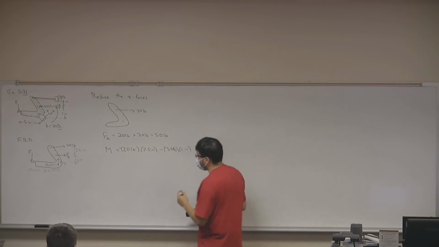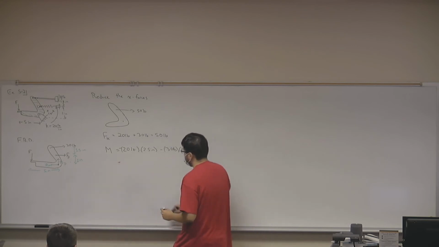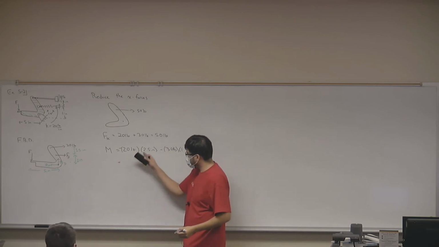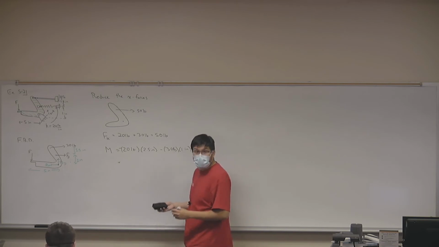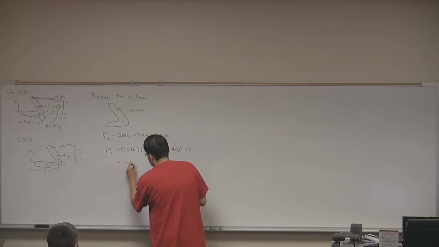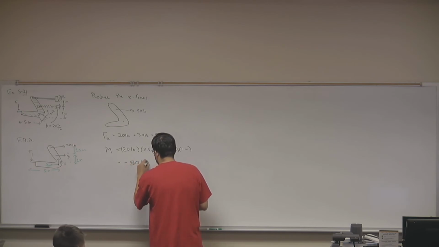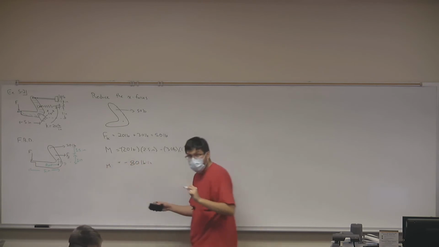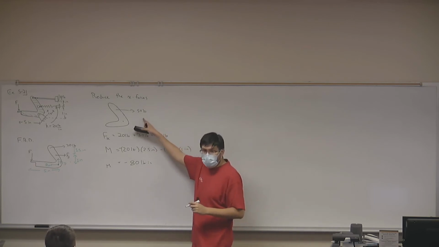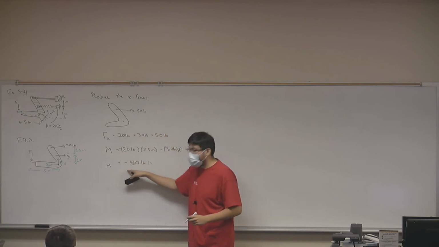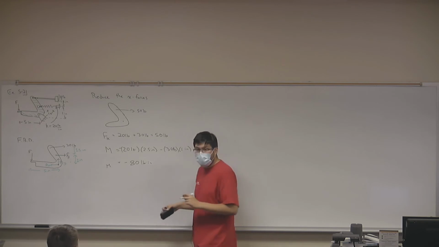That means that the total moment is, can you give me this number again? This was 20 times 2.5, minus 30, okay? Negative 80. Negative 80, okay. So we got negative 80 pounds per inch, okay? So when I reduce my force, this 50-pound force has to result in a negative 80 pounds times inch moment.